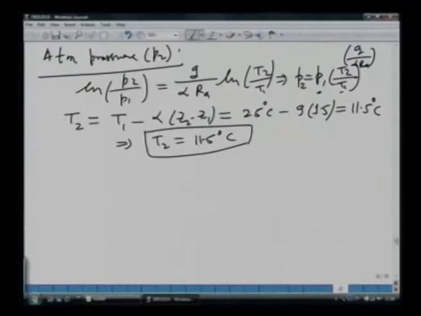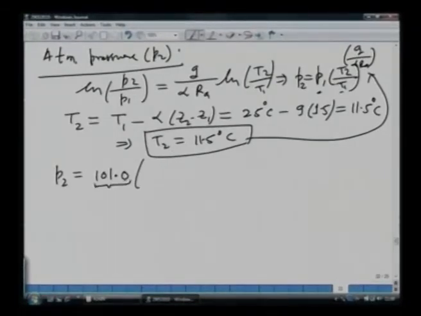So, we put this back into this equation, so that P2 will be 101.0 times, this is P1 in kilopascals, remember that, and then you have T2 over T1.